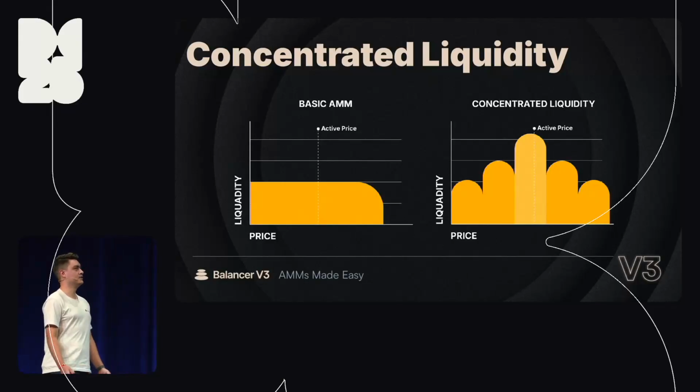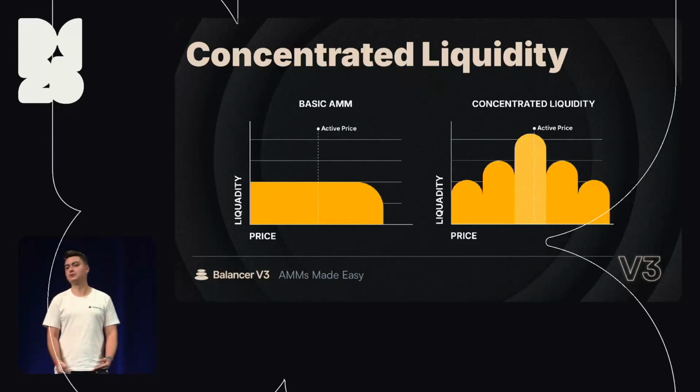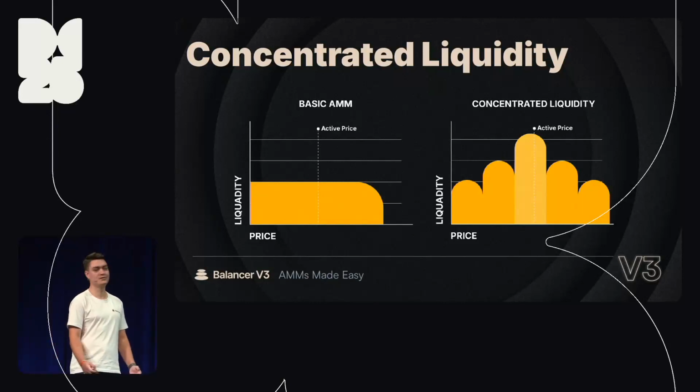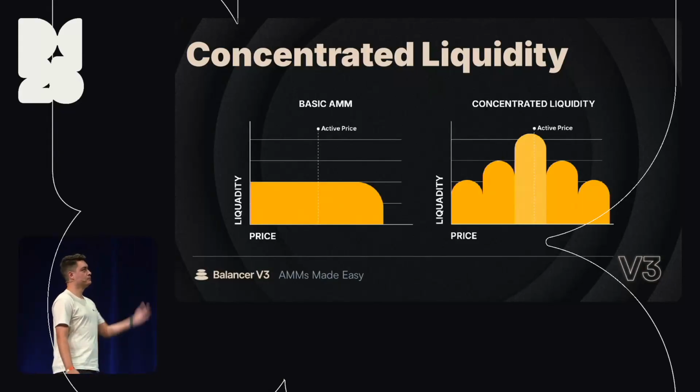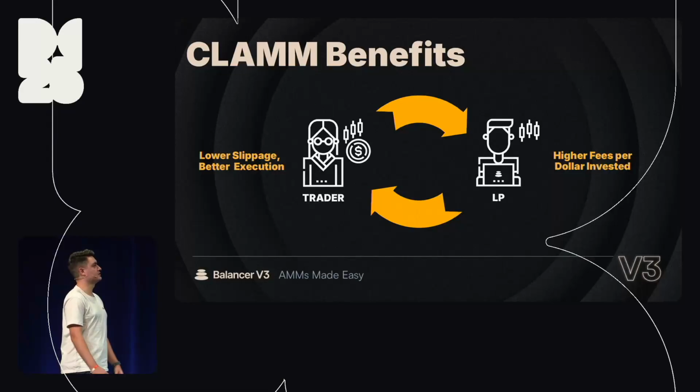That's not actually efficient. So we know certain tokens will not cost or should not cost. You're not willing to provide liquidity on a certain range of prices. So people from Uniswap, Dan Robinson, came up with concentrated liquidity. They launched it, which was pretty cool, and introduced some benefits for both the liquidity providers and the traders.